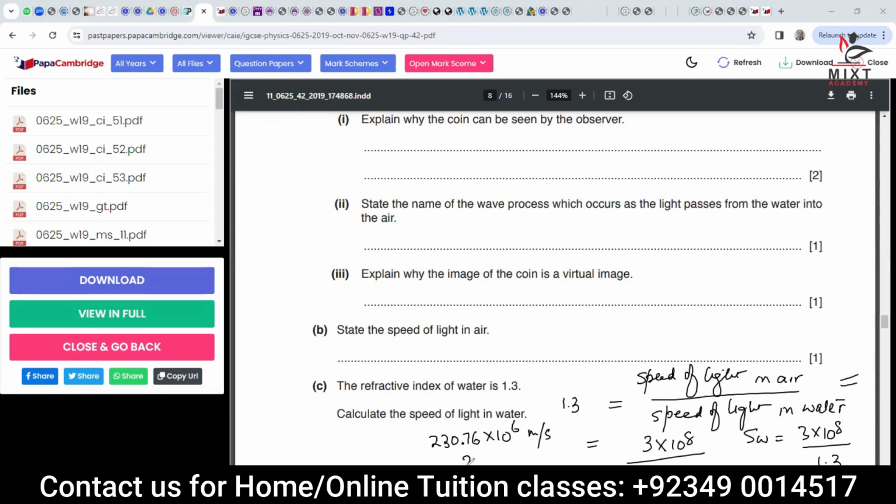So the value becomes 2.30 into 10 raised to power 8. This is the standard notation. If the question says so, you better write it in standard notation. If you move your decimal back, the power of 10 will always increase. Okay, everyone write it. Shall we move on?